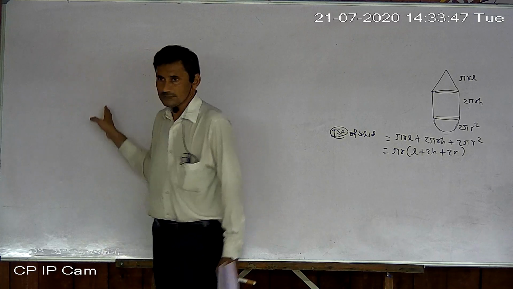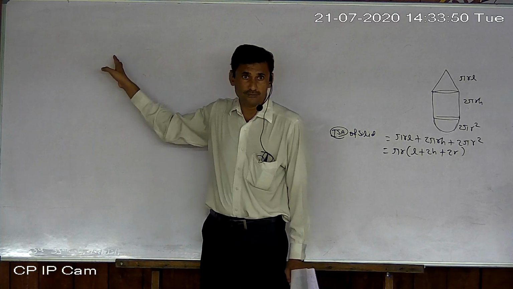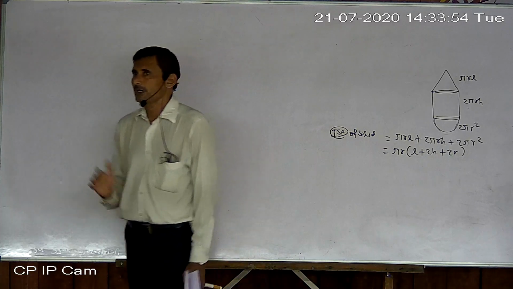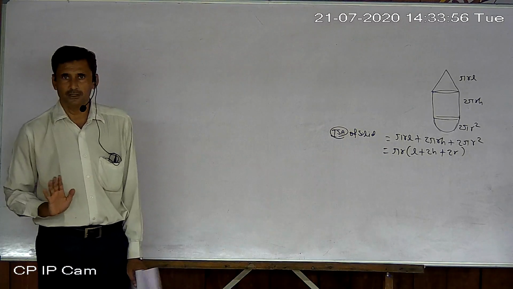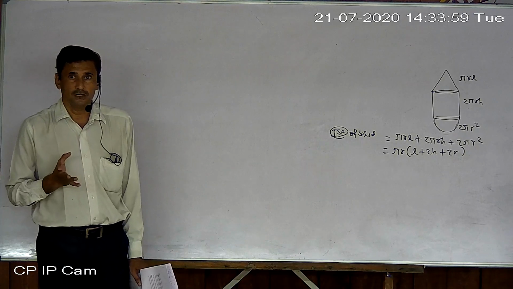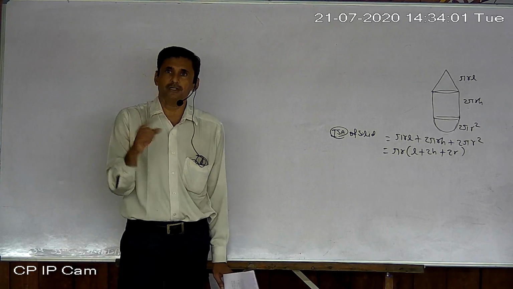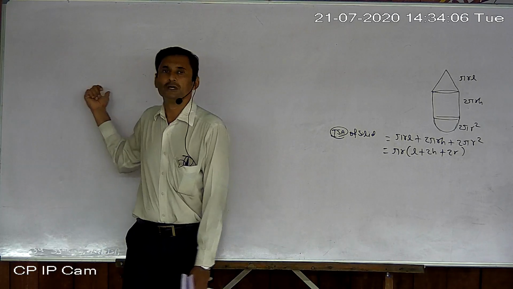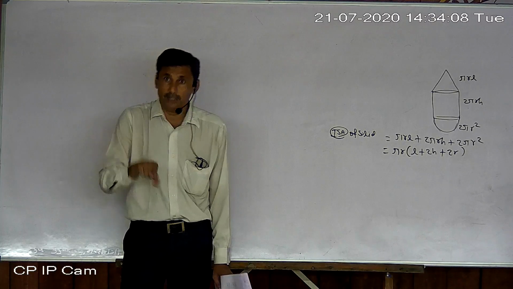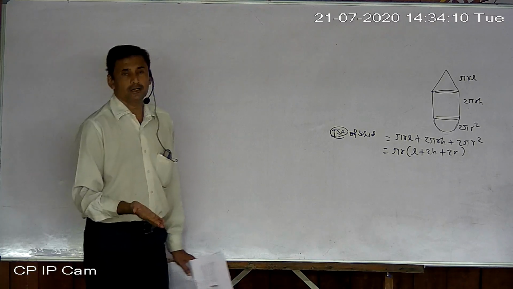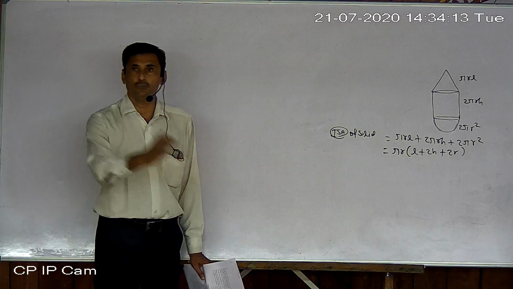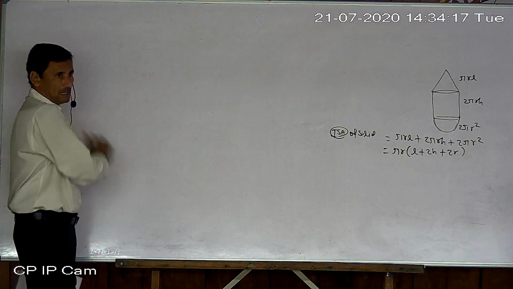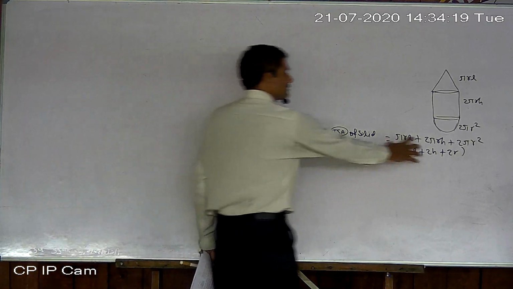Conversion means one unit to another unit. Suppose one measurement is given in meters and another in centimeters, then that is not possible. So either convert meters to centimeters, or centimeters to meters, before placing values. The second conversion is decimal form to fraction form. That should also be done separately so that the main step becomes very simple.